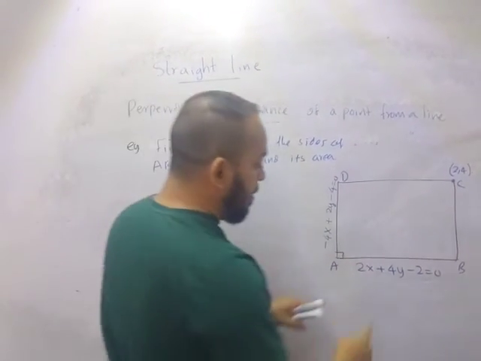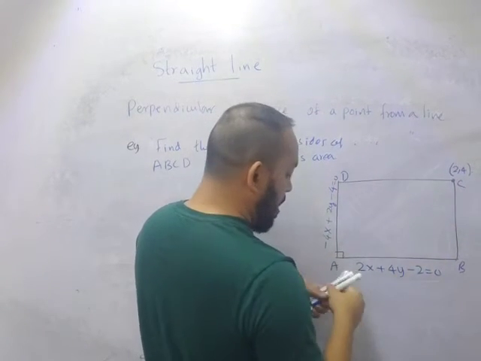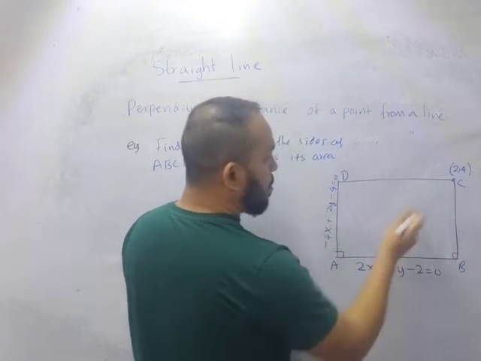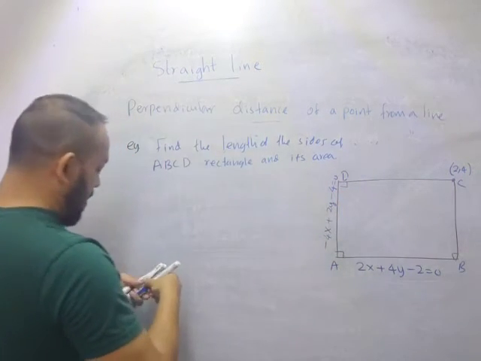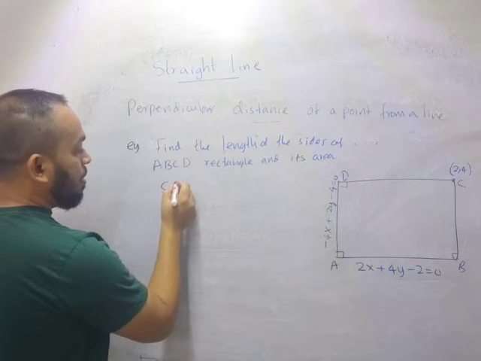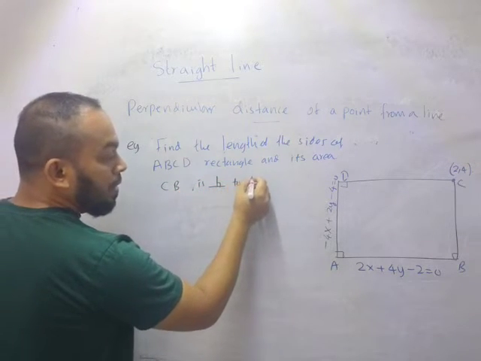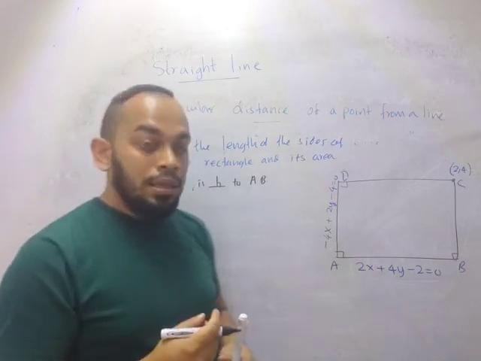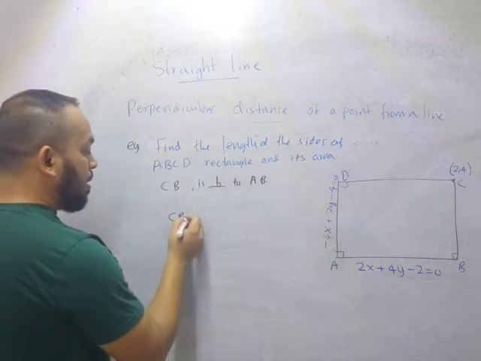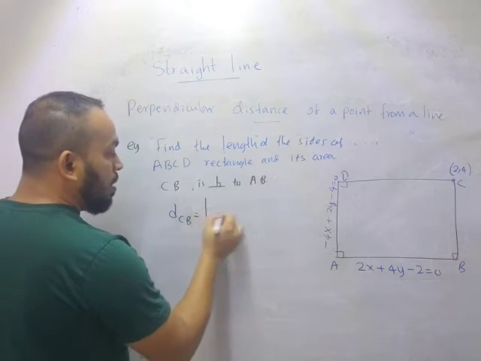Now you can see here that this CB side is perpendicular to AB because this is a rectangle, and also CD side is perpendicular to this line. So we can write CB is perpendicular to AB. Therefore, we can determine the length right away. So CB length, let's call it distance CB.